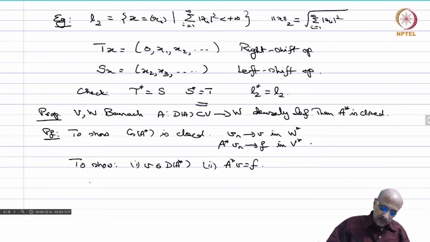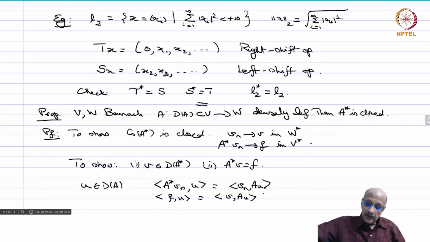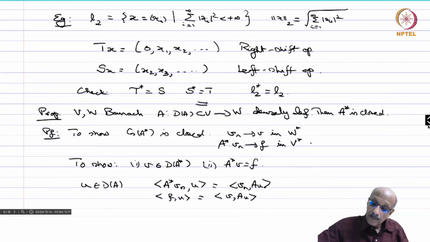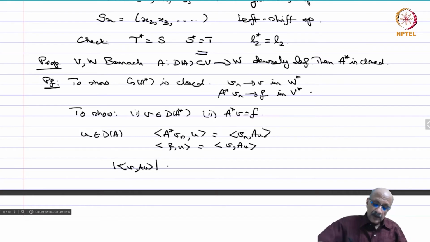Take any u in the domain of A. What is the definition of the adjoint? So A star vn applied to u equals vn applied to Au. Now you pass to the limit, so you get f(u) equals v(Au). So mod v(Au) is therefore less than or equal to norm f times norm u.